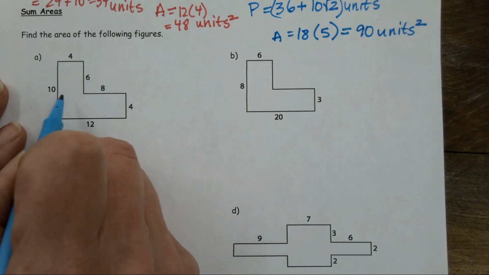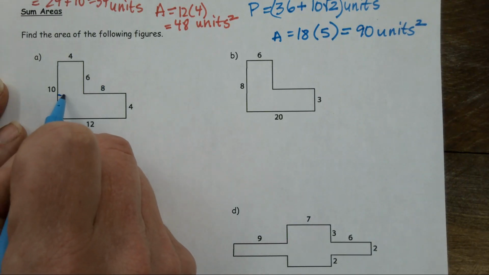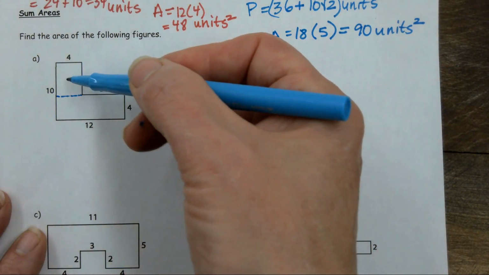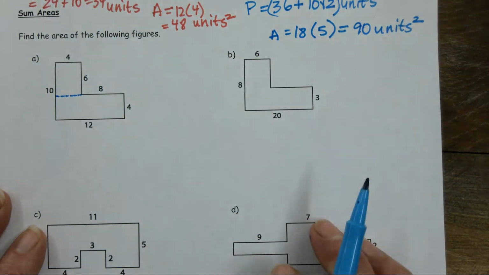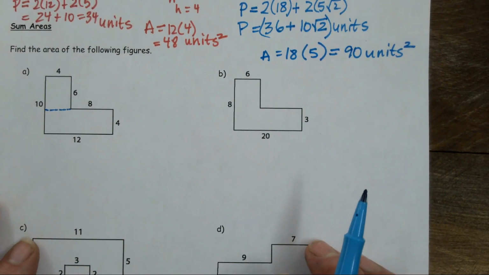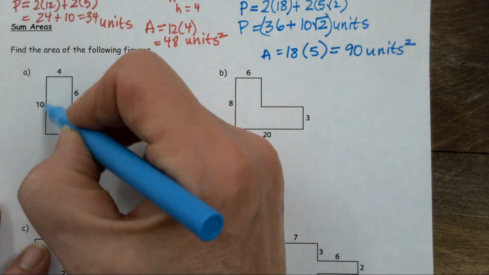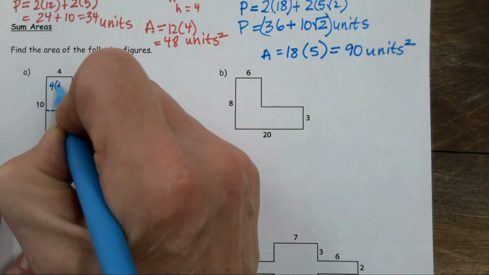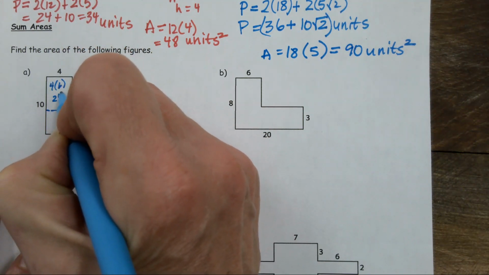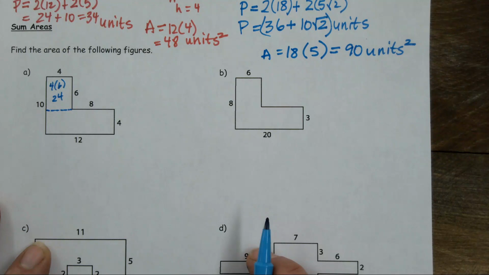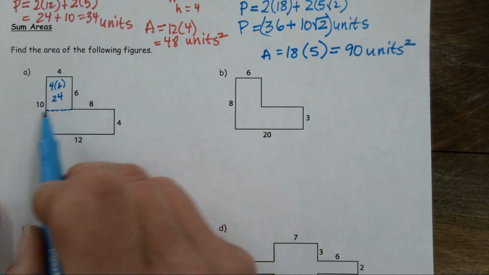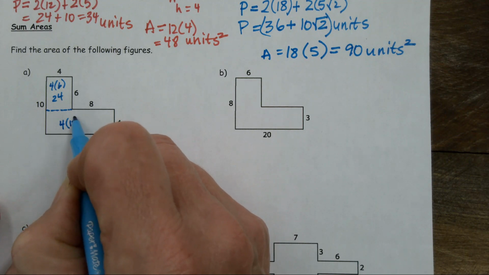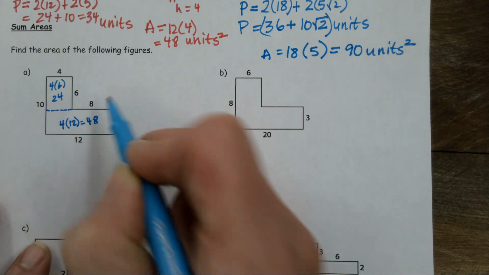So for example, there's more than one way to do this, but I could draw a line and create 2 rectangles. And so this first rectangle has an area of 4 times 6, or 24. And the second rectangle has an area of 4 times 12, or 48.